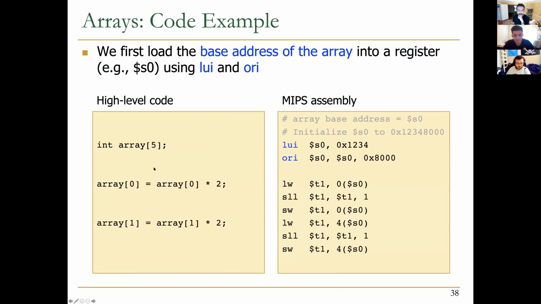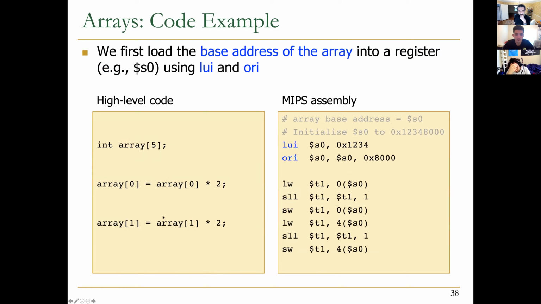To give a very specific example, here we have an array. On the left hand side it is in C. You see that we declare an array of size 5, and then we multiply index number 0 by 2, and we store it back to the same location.